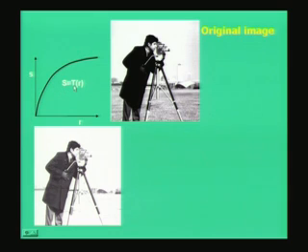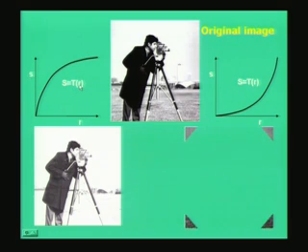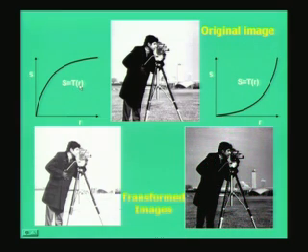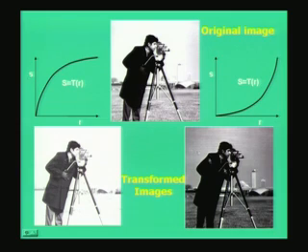When gamma is more than 1, this is what the curve looks like, and the corresponding output is as you can see here. This is definitely much different from the original image. It is much darker with this transformation function for gamma greater than 1.